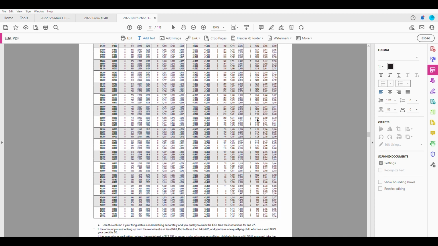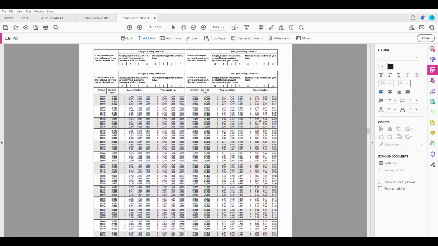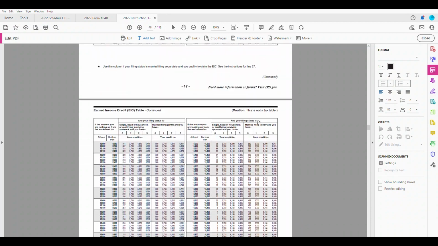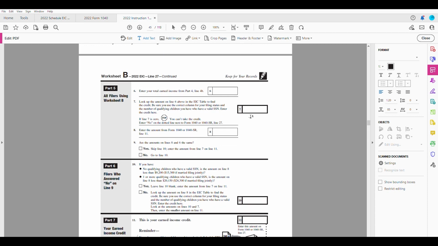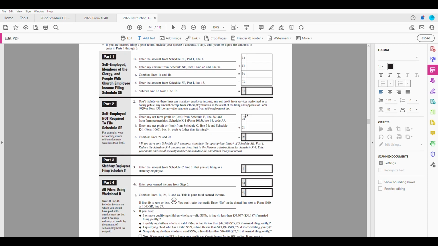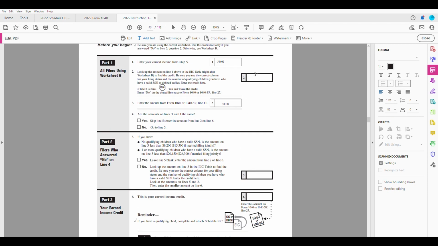We'll go back to the worksheet A with that 1,159 number. Keep scrolling until we get there right here. So we'll enter that 1,159 number.